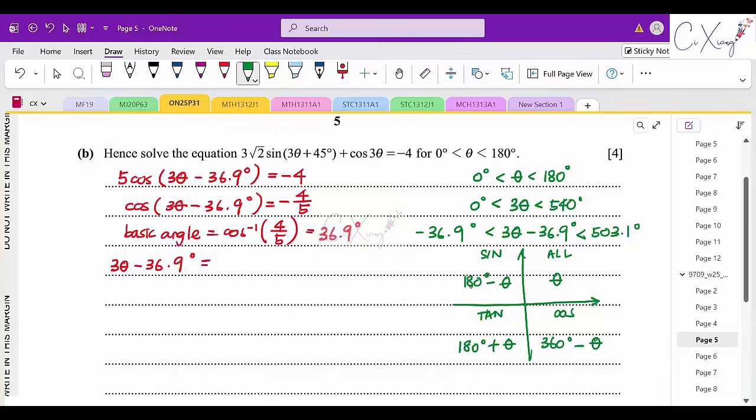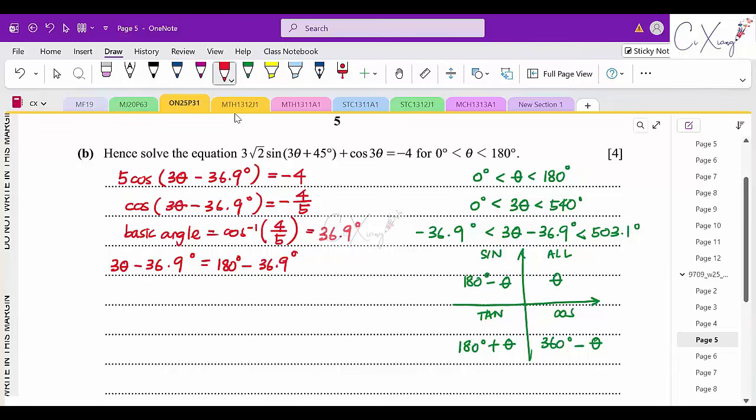And I want to accept the answer from this part. So for cos negative, how to accept the answer from this part? Your answer should be 180 minus theta. Therefore, what you need to do is take 180 minus your basic angle.